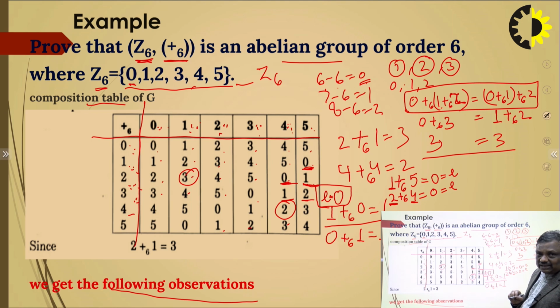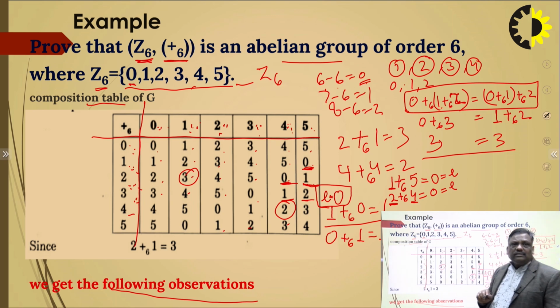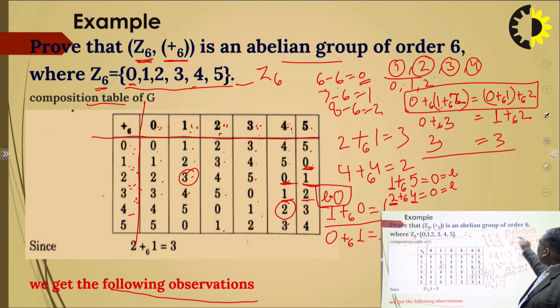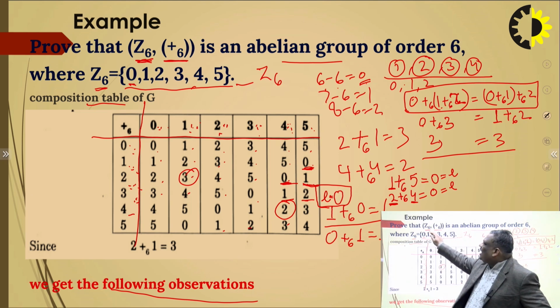So we can say that the inverse property also holds. The fourth property, inverse element, also holds. Therefore, we can say that if 4 properties hold, this Z6 is a group.